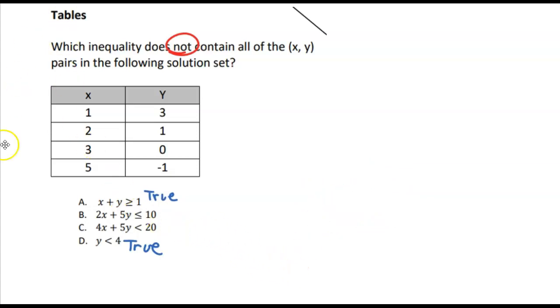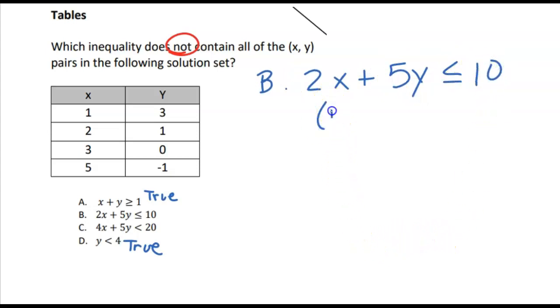Let's go to answer choice B. 2x plus 5y is less than or equal to 10. My first x number is 1. My first y number is 3.